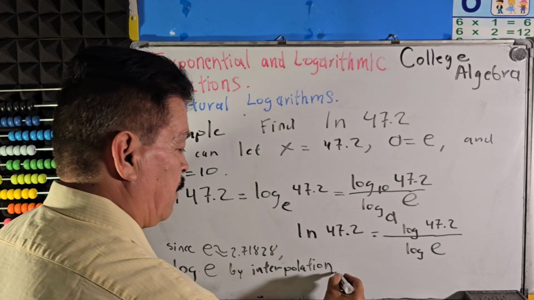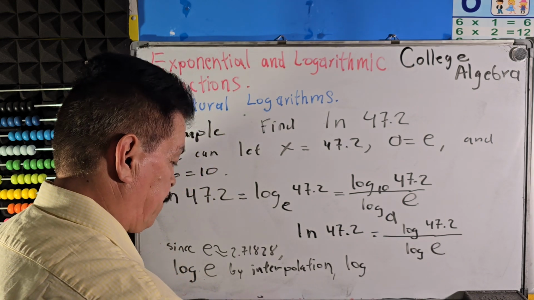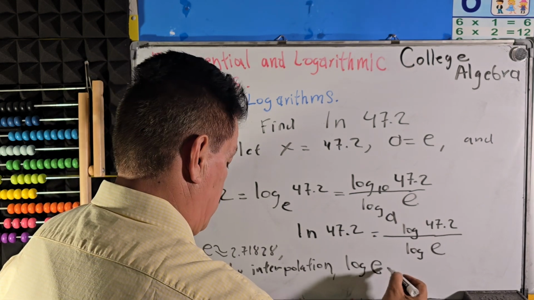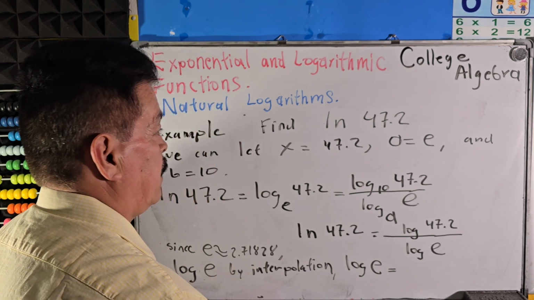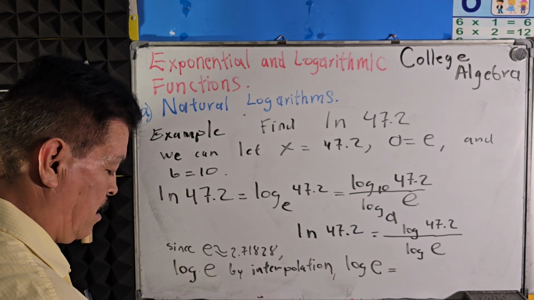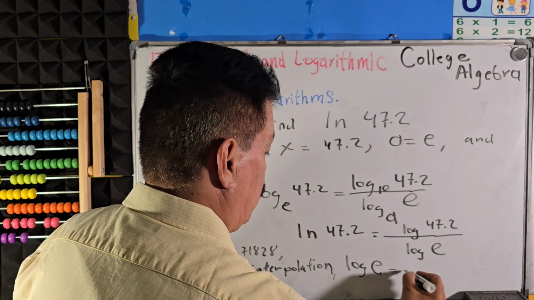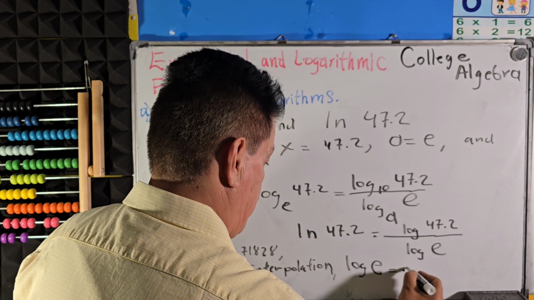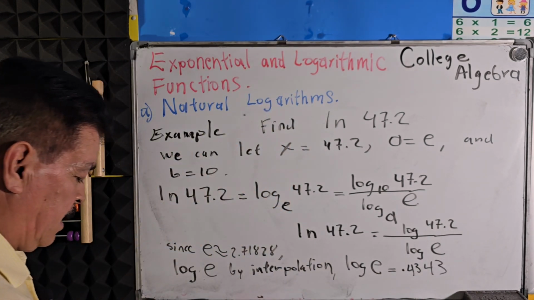So then we have log e equals, what is it, 43, right? Log e is equals 0.4343. See, check it.